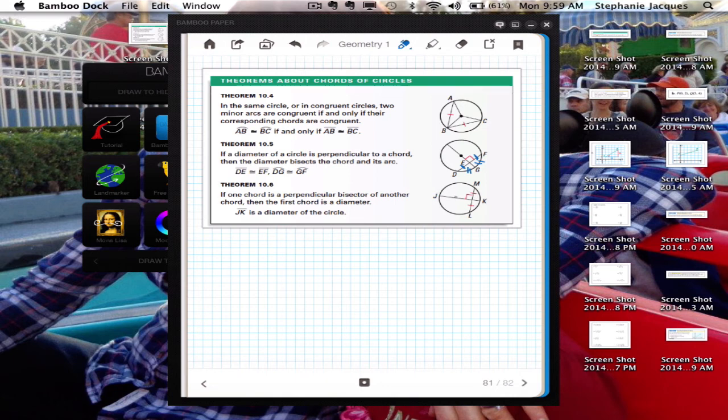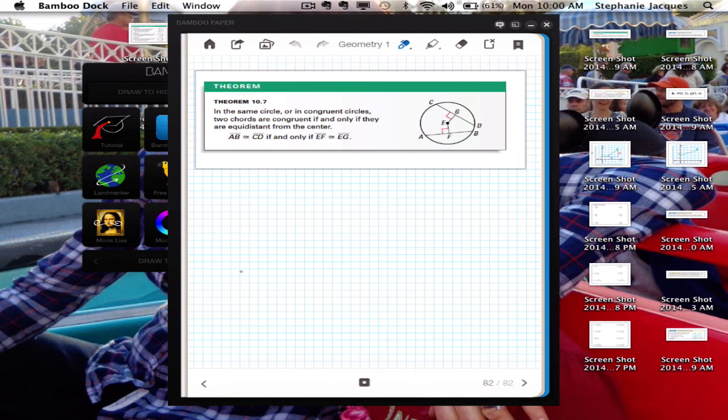So if this one is the bisector, this one is the diameter. So it's kind of saying the opposite of what we have in theorem 10.5. But if you do have a chord going across and you have a perpendicular bisector to it, you know this one must be the diameter.